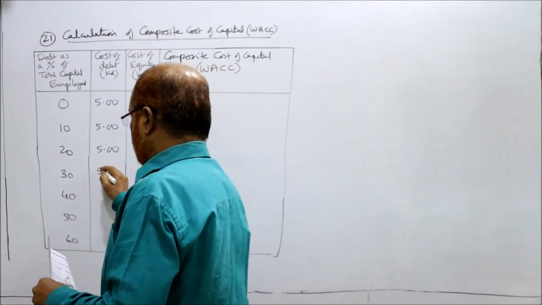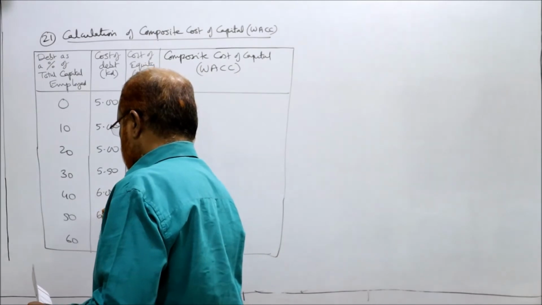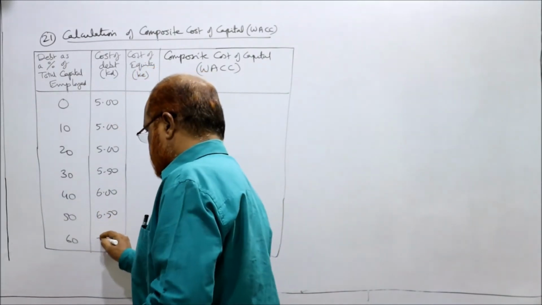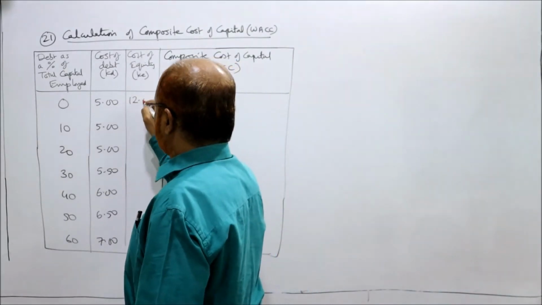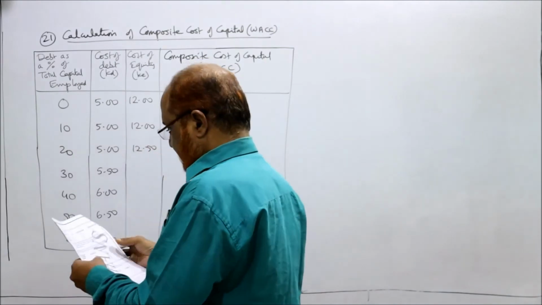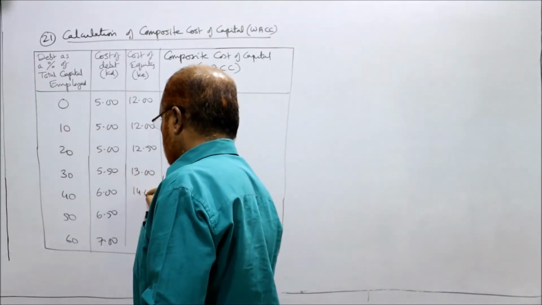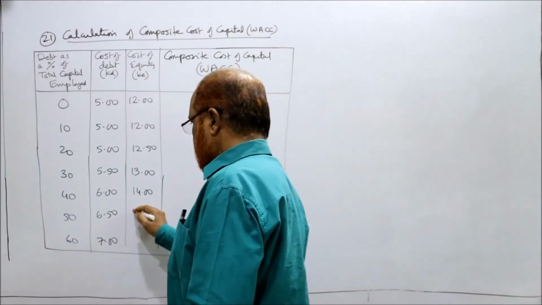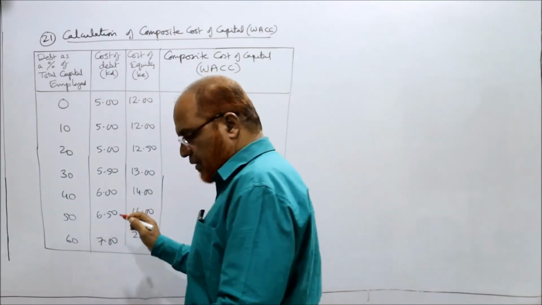Then 5.5. Then 6. 6.5. Last one 7. Next one 12, 12. 12.5. 13. 14, 16, 20. This is the information given in the problem.